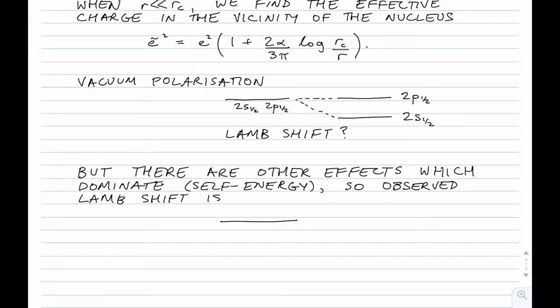The vacuum polarization is part of it, but not the whole story. What you actually see is a splitting where the 2p1/2 is lower than 2s1/2. But that one's more complicated and we won't talk about it anymore.